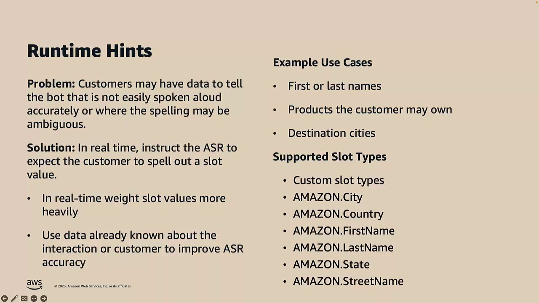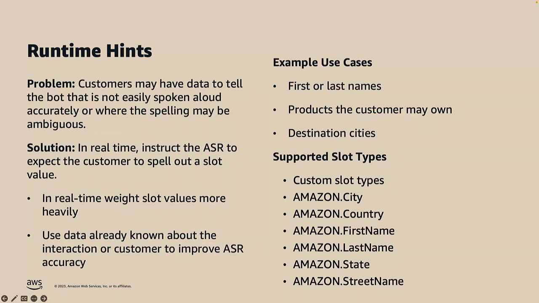So in that example, I want to use the city slot because it could be any city in the world for your customer base. But I know for this customer, they have 2 properties in 2 different cities, one in Chicago and one in Seattle. So how do I get the greatest accuracy out of my ASR in those scenarios?